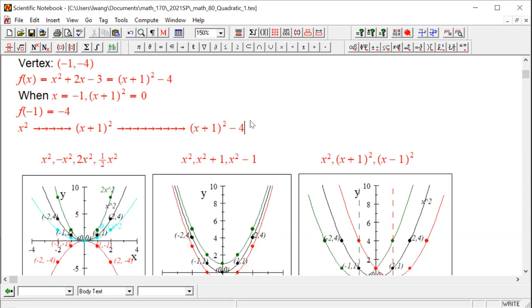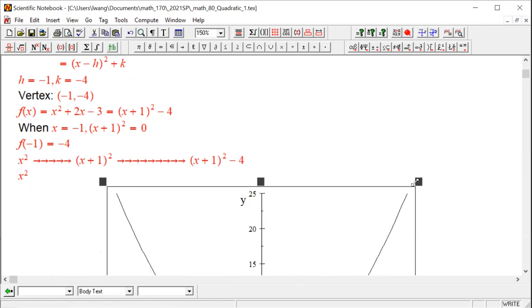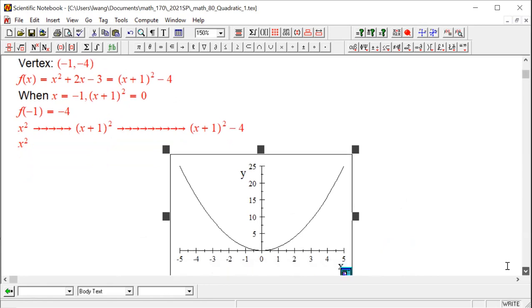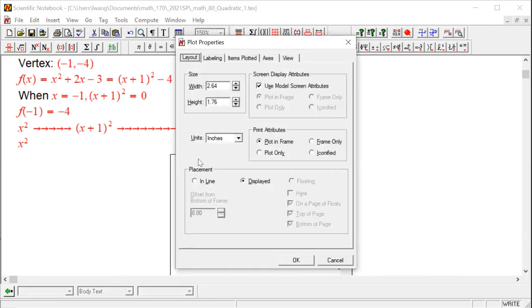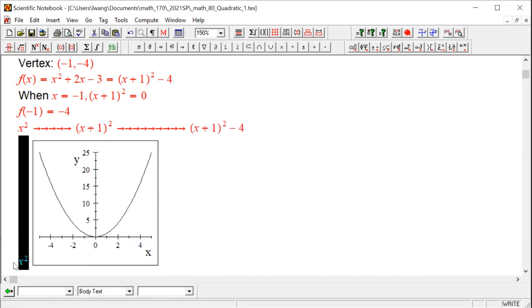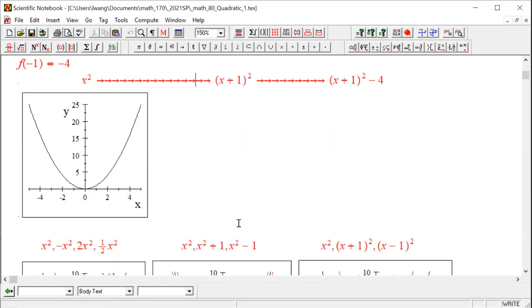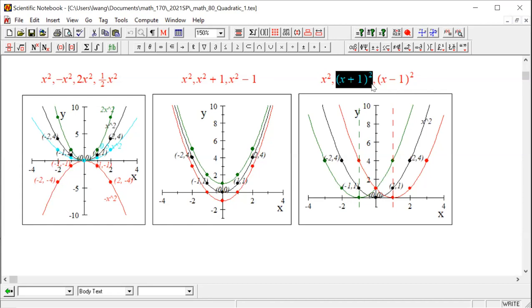How should we shift? First of all, let's graph x squared. X squared is graphed right here. We have done this graph, so we will consider this known. And then we're going to graph (x + 1) squared. From our prior knowledge, (x + 1) squared is a shift to the left by 1 unit.